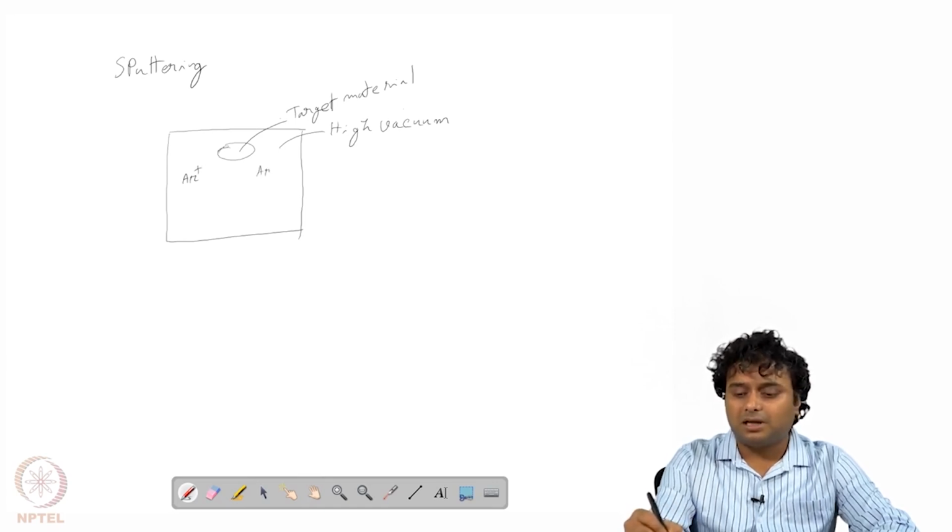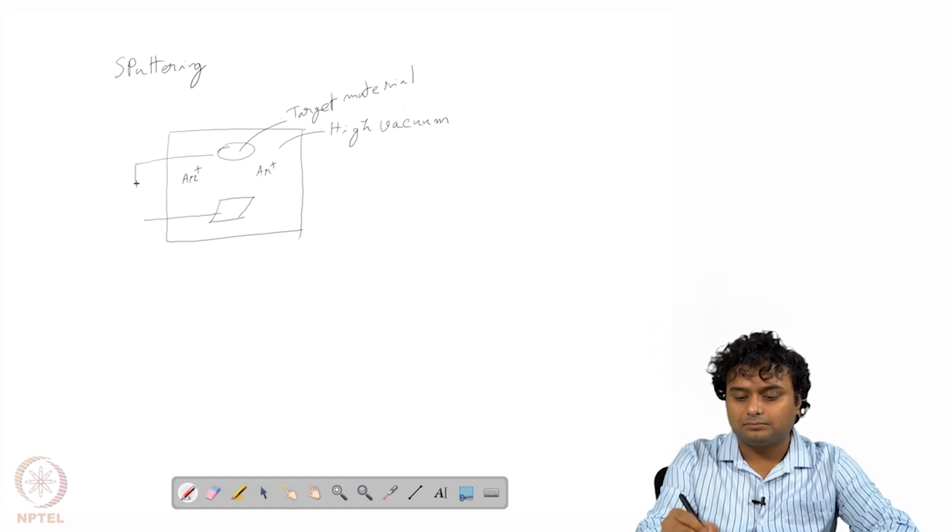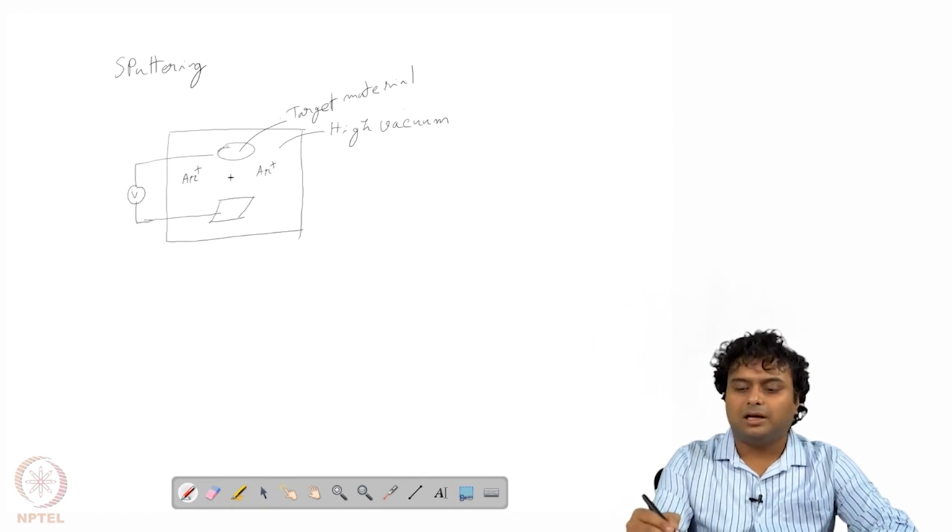Let us say this is the sample, then we apply a high voltage between the target and the sample, and then this argon plus will get attracted.